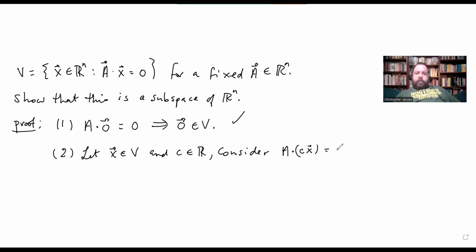Using the commutative law for scalar multiplication, this is the same thing as c times a dot x, which is c times 0, which is 0. Sorry, this was a property of the scalar product, which we did in the last section. So that checks out. Therefore cx is in V.